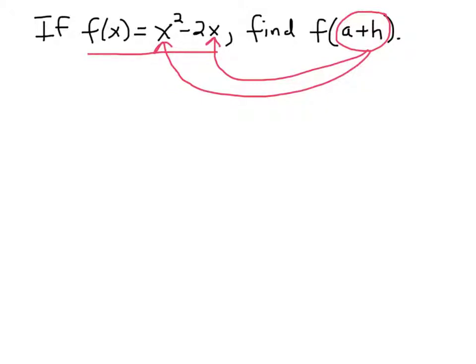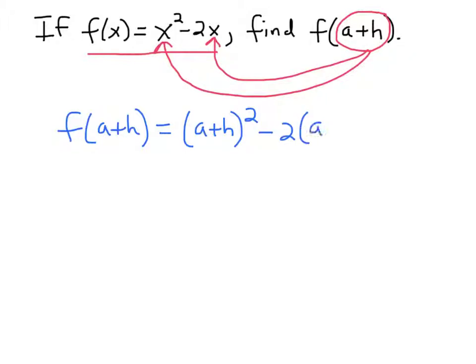So what we'll have here is that f of a plus h would equal a plus h in parentheses squared minus 2 times a plus h in parentheses. And then from here we have to do the multiplication.